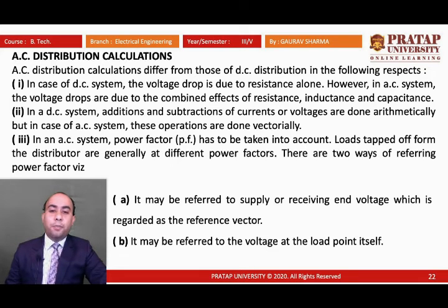In an AC system, power factor has to be taken into account. Loads tapped off from the distributor are generally at different power factors. There are two ways of referring the power factor. It may be referred to the supply or receiving end voltage, which is regarded as the reference vector, or it may be referred to the voltage at the load point itself.